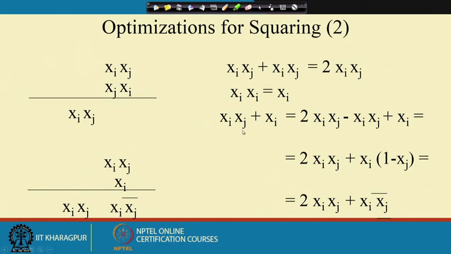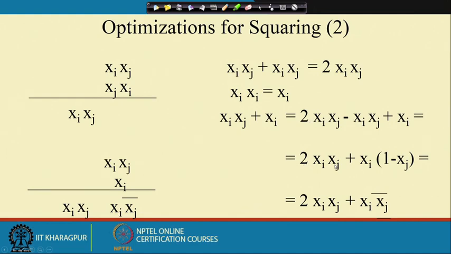Now, suppose I have to add these particular terms xi xj plus xi. Can I reduce this term? Yes, I can write these terms in a different way. If I write xi xj plus xi as 2 xi xj minus xi xj plus xi, that means one xi xj has been subtracted from 2 xi xj.